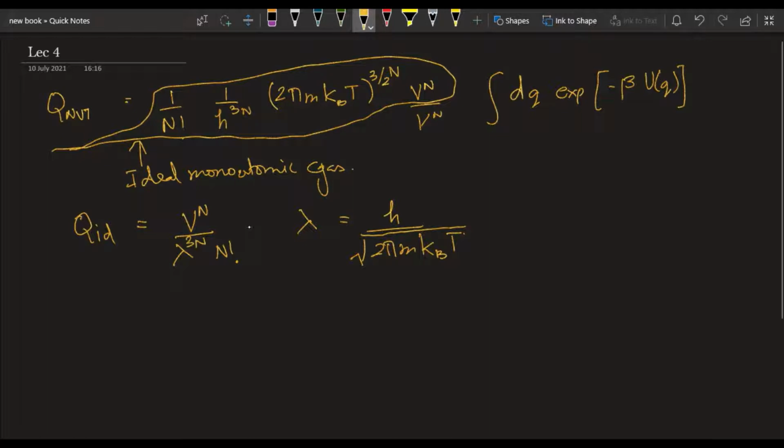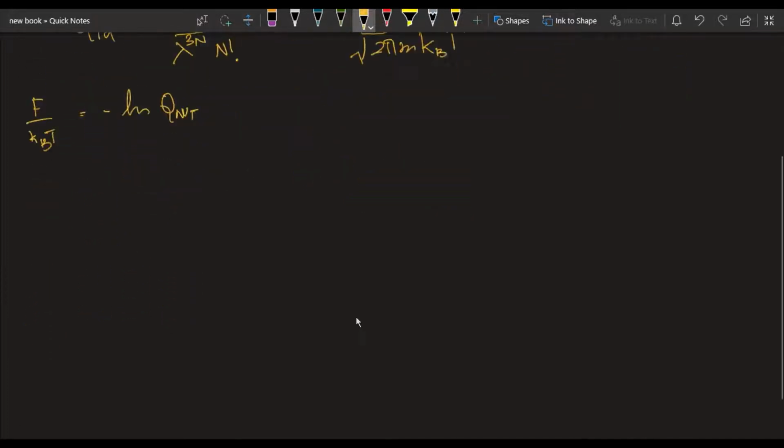So let's first start with the free energy. The free energy is given by the negative log of the partition function. So let's first take the log of the partition function.